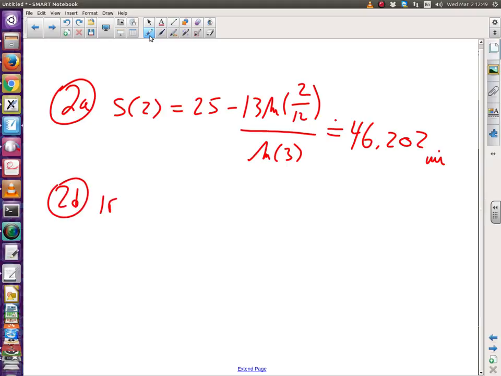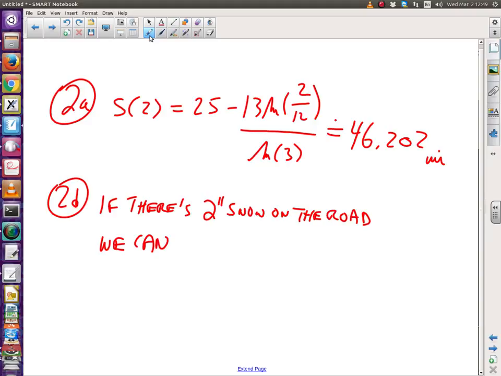Right? If there's 2 inches of snow on the road, we can plow 46.202 miles of road per hour.